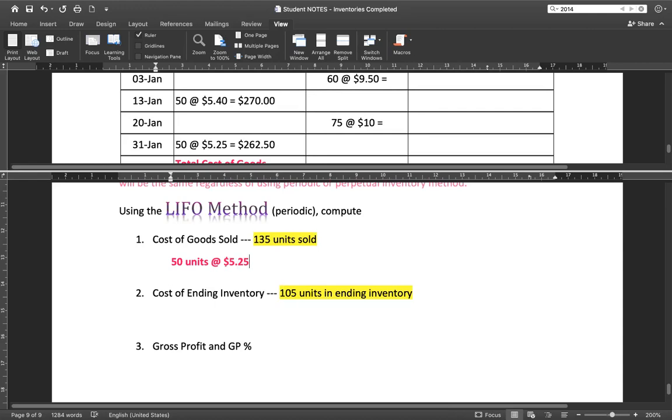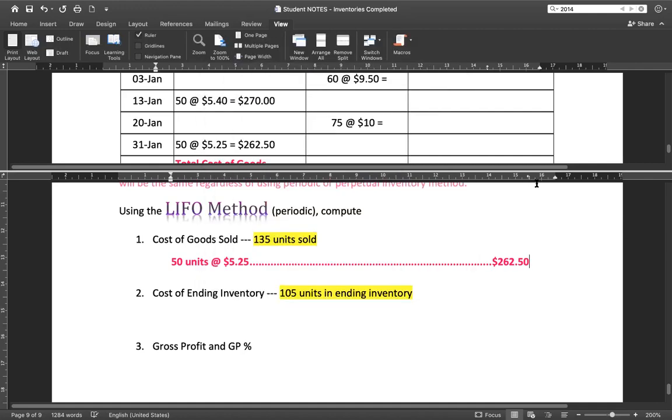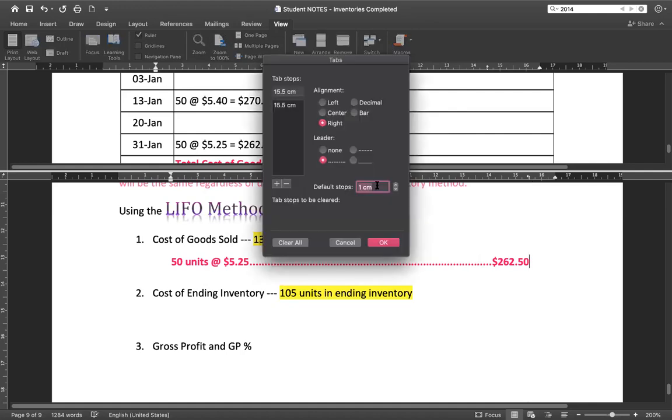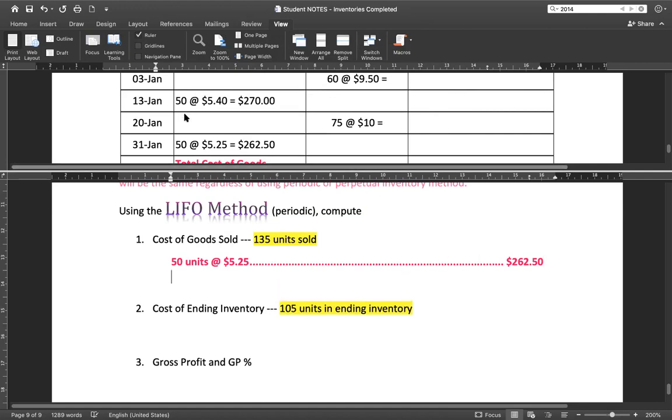And these 50 units cost $5.25 each, giving us a total of $262.50. All right, now we took those 50, we still have to get to 135, so we'll go back to the next purchase.